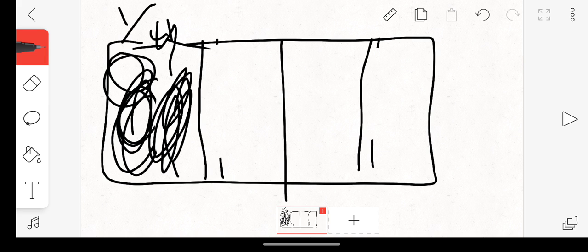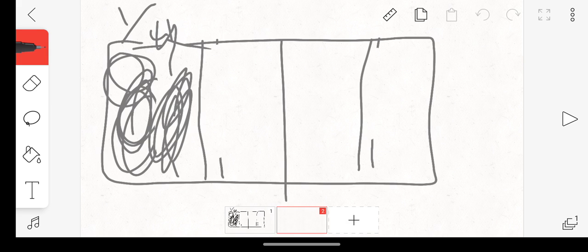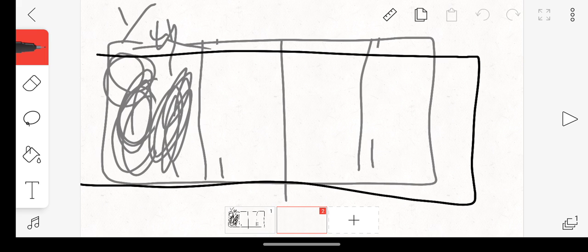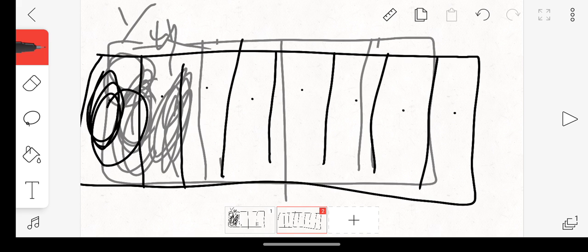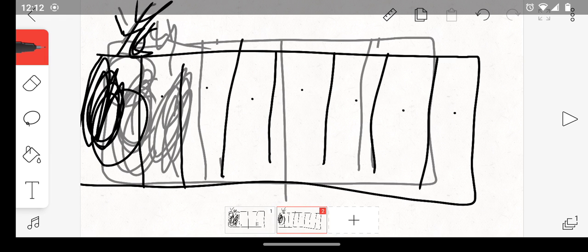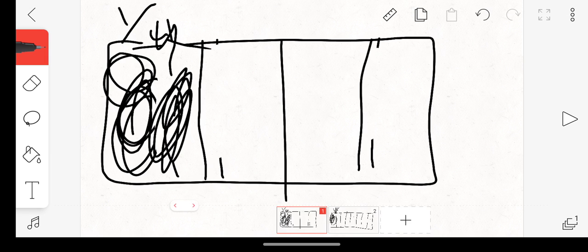Alright. Now let's do 1/8. 1, 2, 3, 4, 5, 6, 7, 8. Okay. Now here we have 1/8. Which shaded part looks bigger?